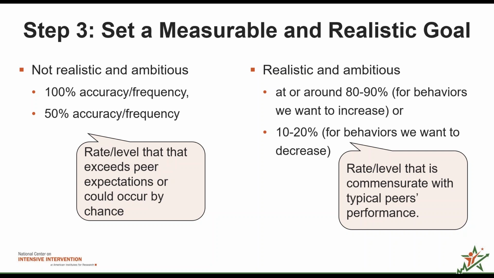Similarly, if we set a goal for 50%, we're essentially saying that the behavior will just happen by mere chance alone. And that's problematic. We need to raise expectations for student performance to a rate commensurate with peers. So what we want to see are those realistic and ambitious goals. We want to see it at around 90% for behaviors we want to increase, or 10 to 20% for behaviors we want to decrease. And again, always thinking about that peer performance as the guiding mechanism.